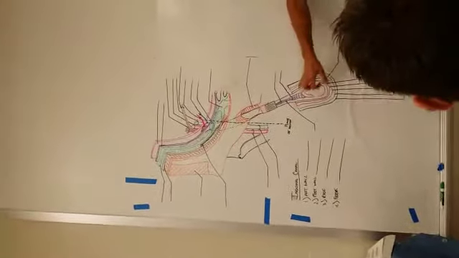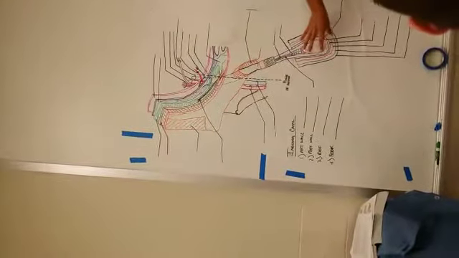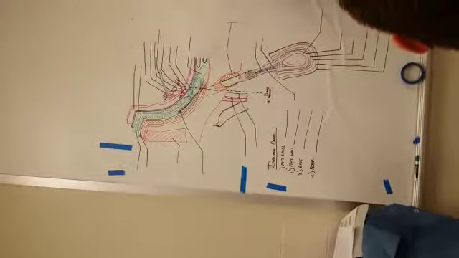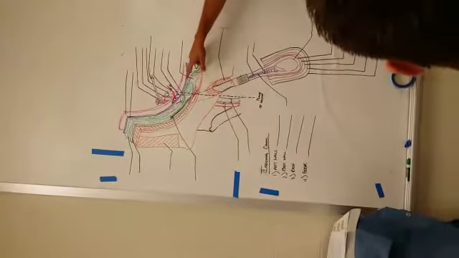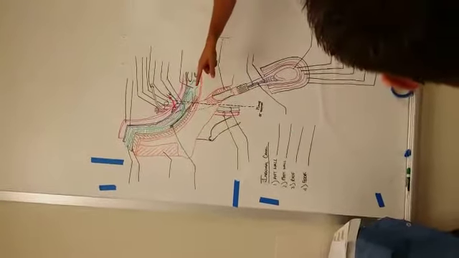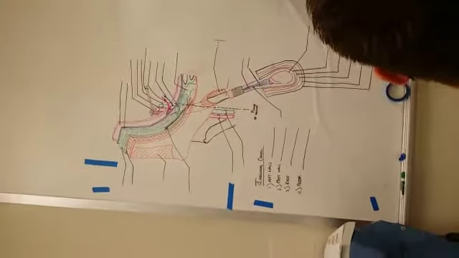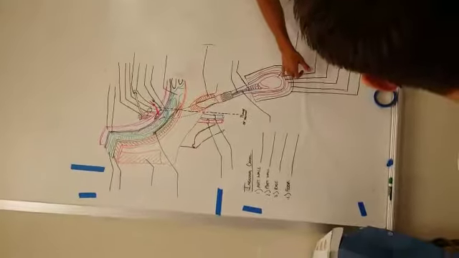Okay, so I have them here as one layer, but just for the sake of conversation, it's two. The next layer out is going to be what? The transversalis. That's going to make your internal spermatic fascia.